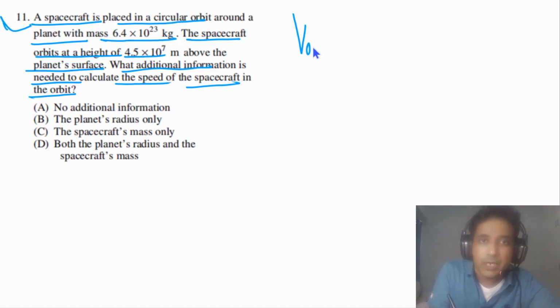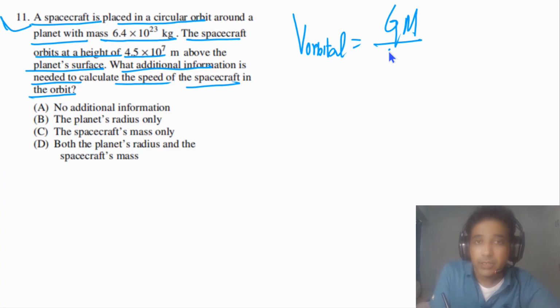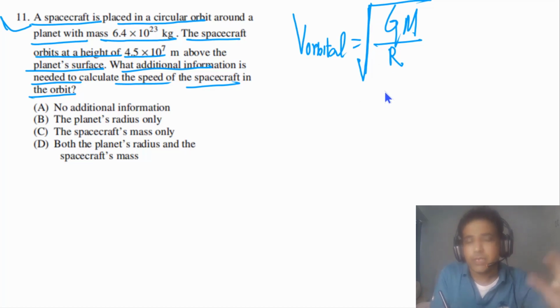So v orbital, orbital speed, is equal to the square root of GM over r, but this r is representing distance from the center of the planet to that point. We can also derive this formula.